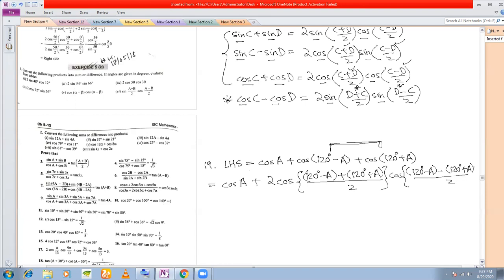Now what happens? Cos A plus, now simplify within the brackets.